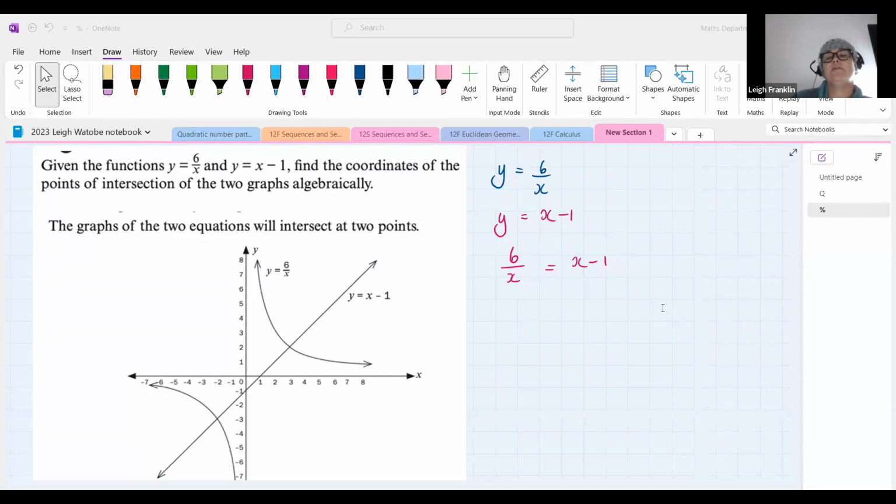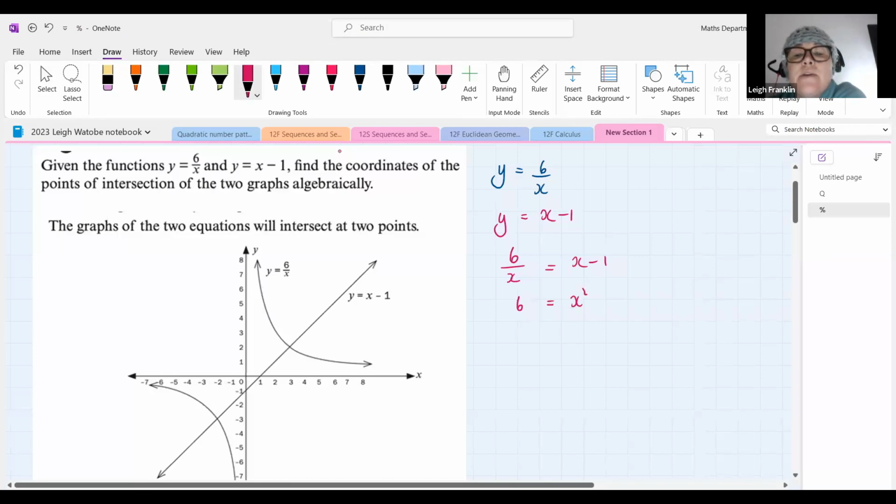After we've got 6 over x equal to x minus 1, what's our next step, grade 11s? Lovely. Okay, multiply through by x. x is your LCD. Multiplying through by x leaves you with 6 equals x squared minus x.